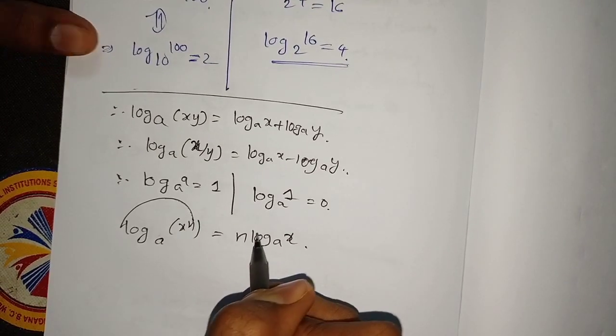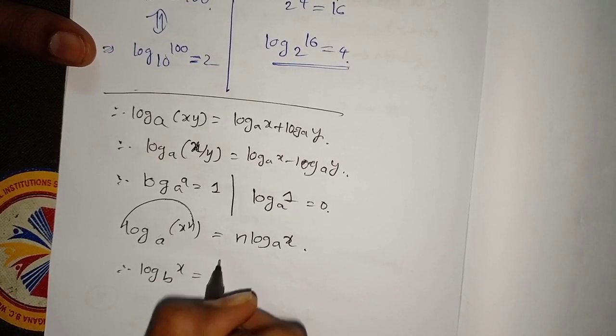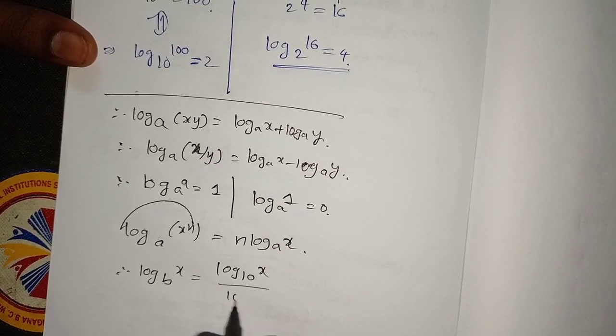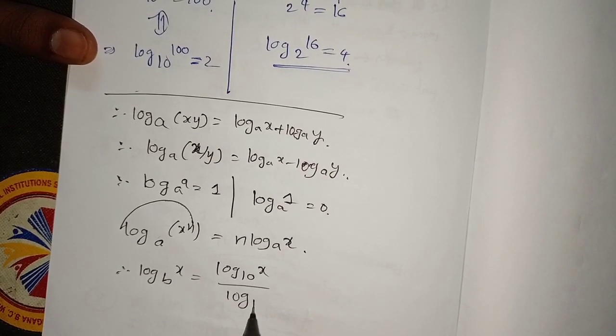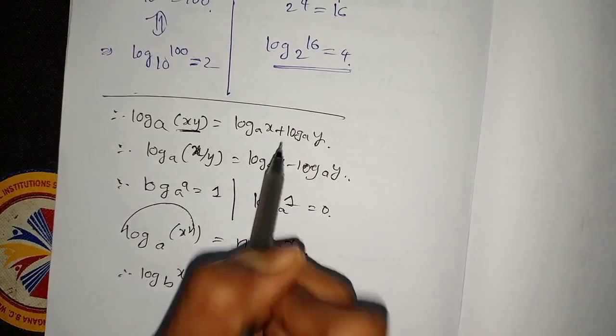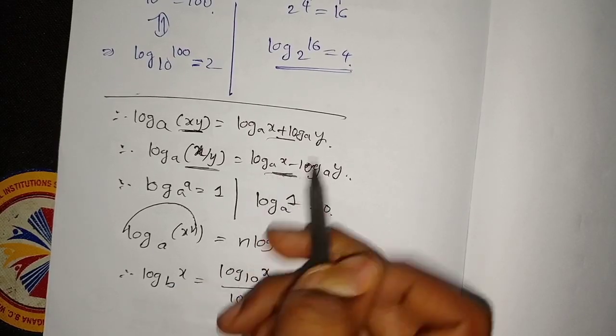So next, log b power of x is there, then log base 10 x by log base 10 b. So guys, here it is multiplication, it goes to addition. Here it is division, it goes to subtraction.